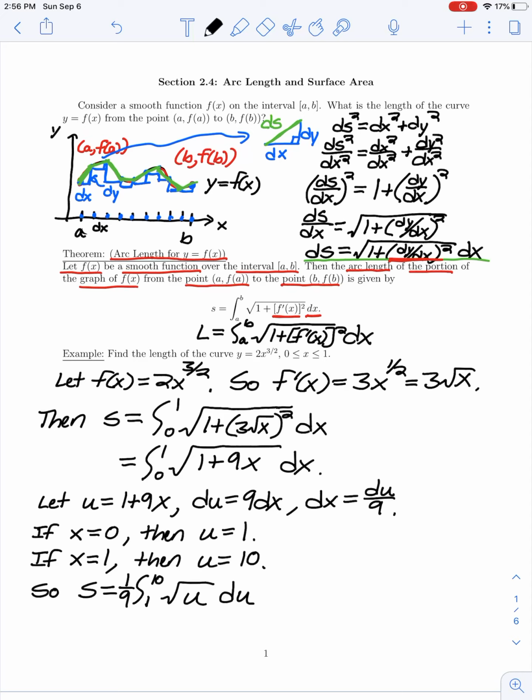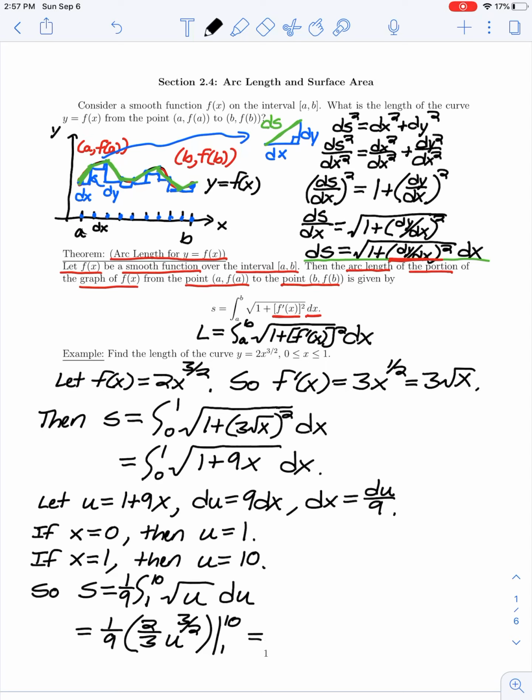So let's see what we have for our antiderivative now. We had a constant of 1/9 out in front, and the antiderivative of u to the 1/2 will be 2/3 u to the 3/2, and we're evaluating from 1 to 10.